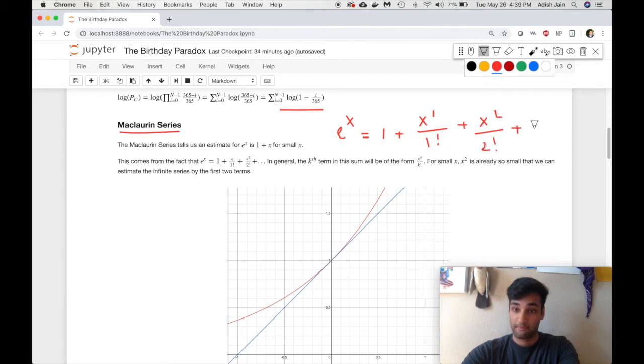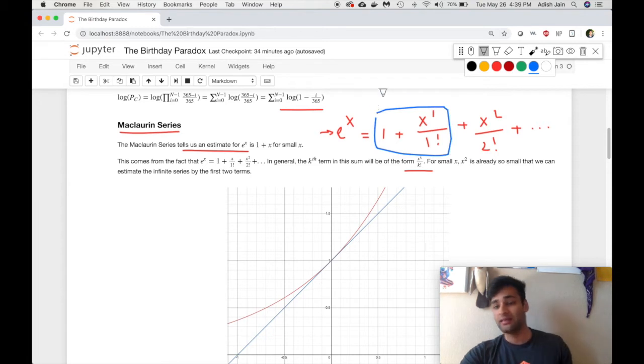So the kth term here is just x to the k over k factorial. This is just by definition of what e^x is. And you can see that we can estimate e^x when x is really small with just these first two terms.